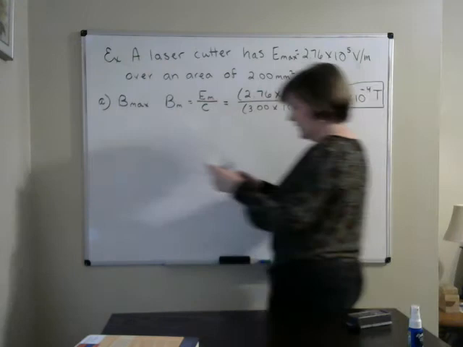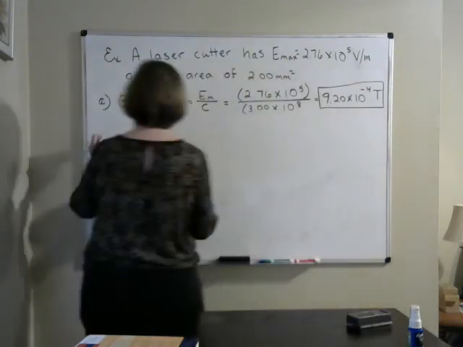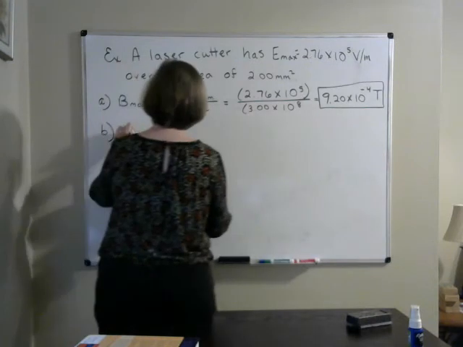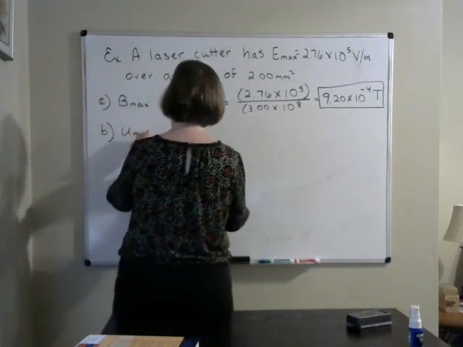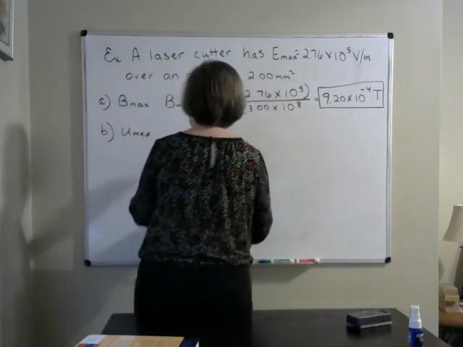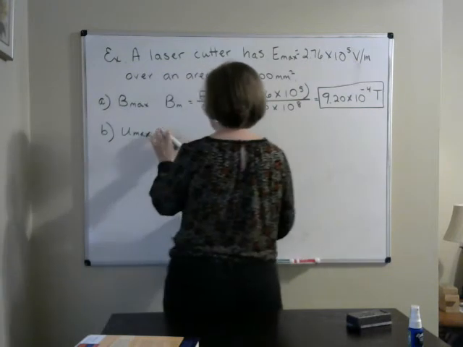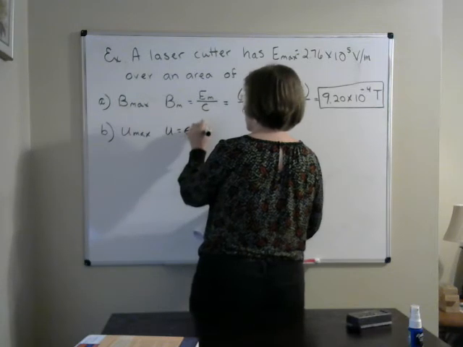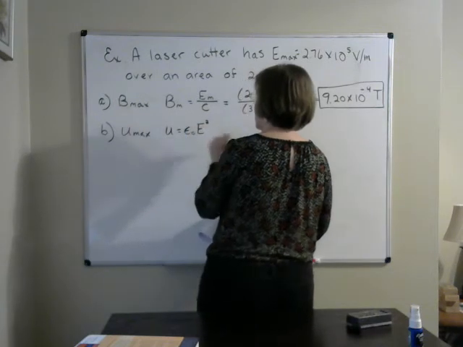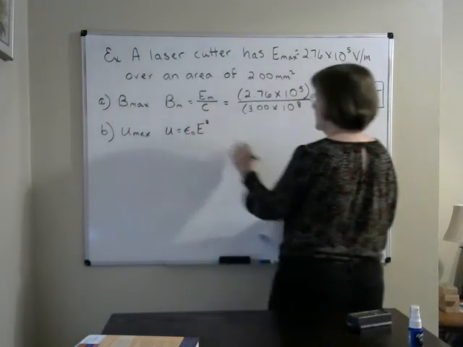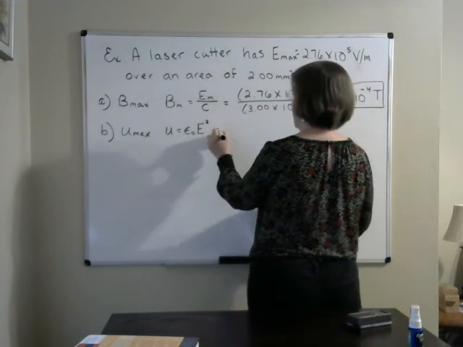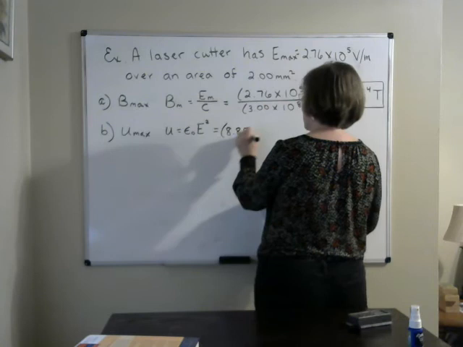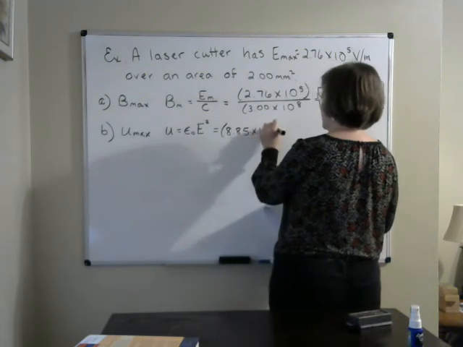Okay, the second thing they want us to be able to find is the maximum energy density. Well, we know energy density is given by U equals epsilon naught E squared. So to get the maximum, we just use the maximum value for E. So that is 8.85 times 10 to the negative 12. That's epsilon naught.